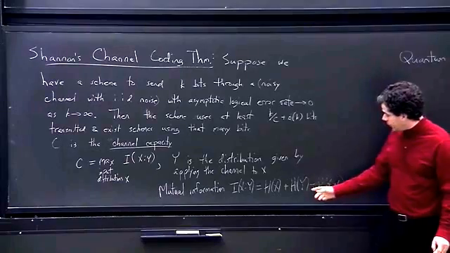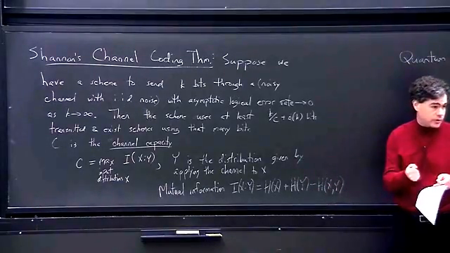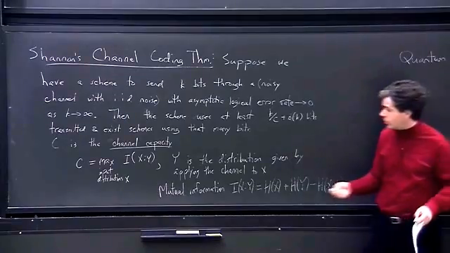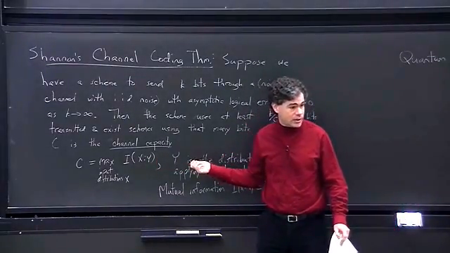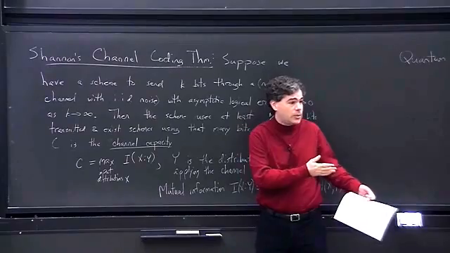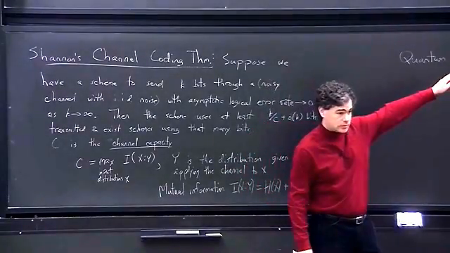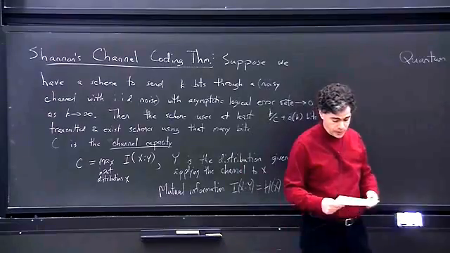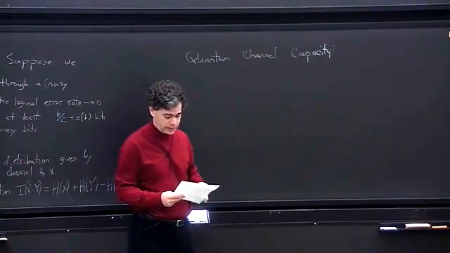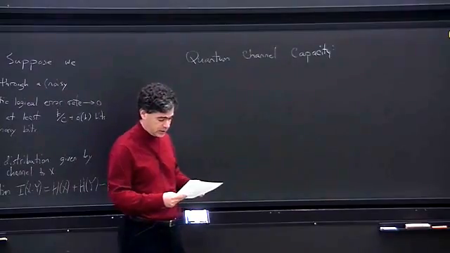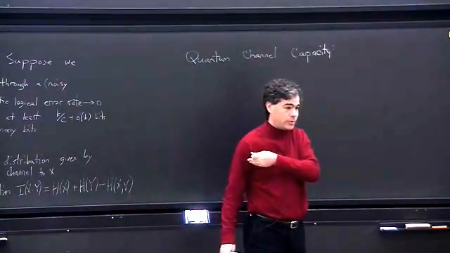First of all, for this to make sense, you need x and y to exist simultaneously. But here, x is the input and y is the output. In the classical case, that's okay. You just keep a copy of the input, and then you have both the input and output together. In the quantum case, we can't do that, although maybe you have some idea from yesterday as to how we're going to solve that, which is by adding a reference system. But the other thing is just that it's not the right formula for the quantum case.